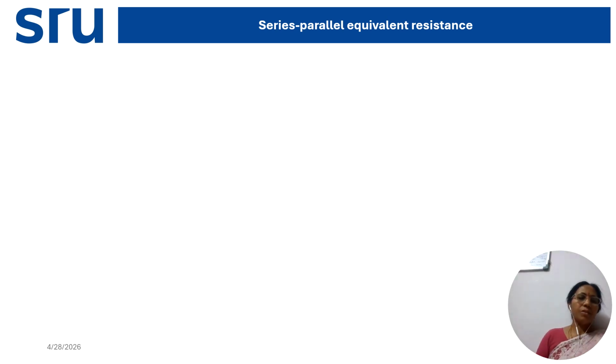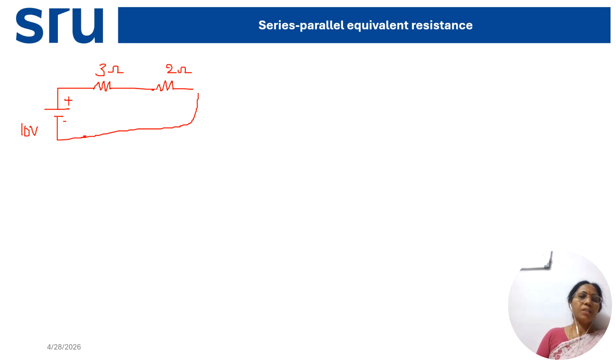Now we will take one circuit diagram with resistance elements and we will find R equivalent. Let us take one simple network with resistor elements and a simple voltage source. Here I am taking 10 volts with polarity minus plus, and the resistance values here I am taking 3 ohm and 2 ohm. Now how are these two resistors connected?